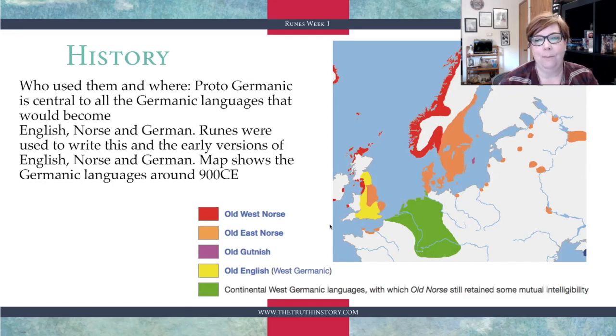This is just a good map kind of showing, because I think we have a mistaken idea of runes as being Norse, right? And only Norse. It's like this very specific place in Norse culture where those might be. And that's it.